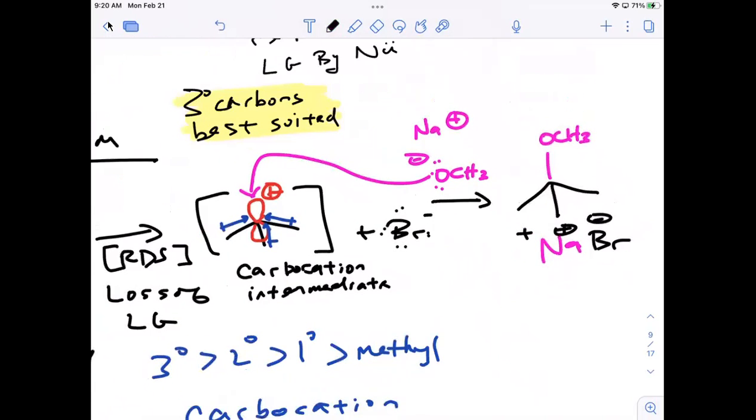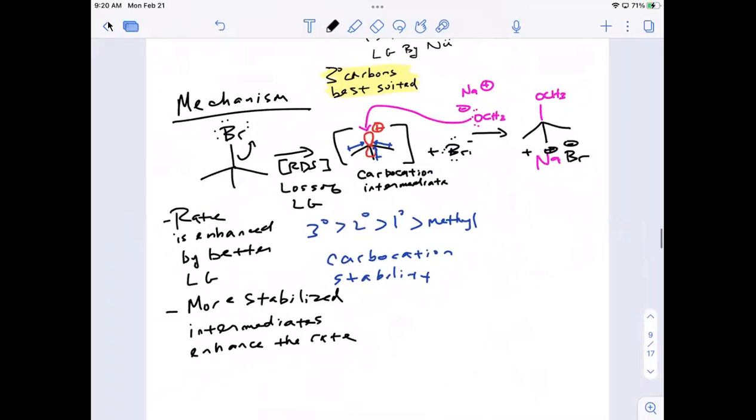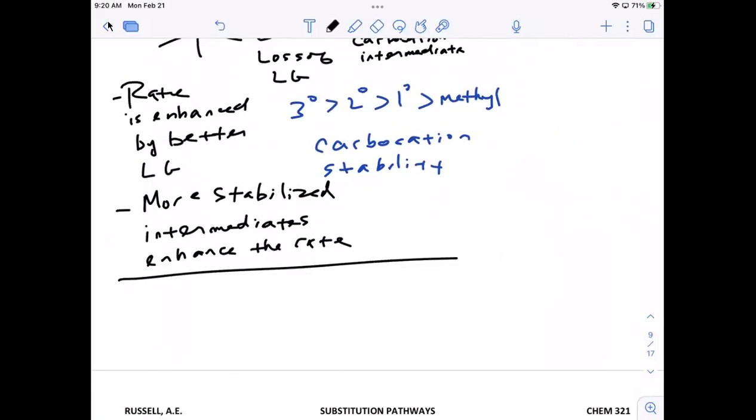With the rate determining step only depending on the substrate, that's why it's unimolecular. The rate determining step does not involve the nucleophile. So when we write the rate law, it's only going to be a function of the actual substrate.